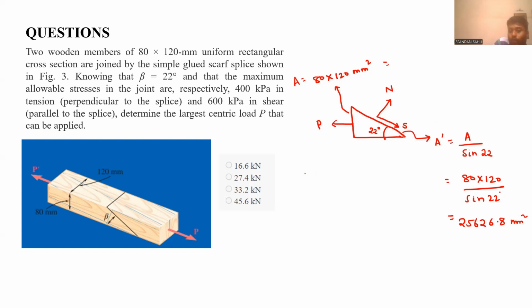Now this N is the normal force, which is sigma allowable into area A prime, because this is the area where this normal force is acting. So sigma allowable is given as 400 kPa.